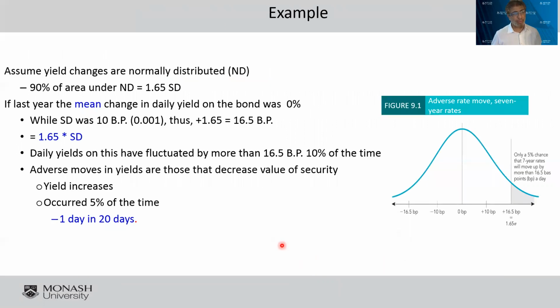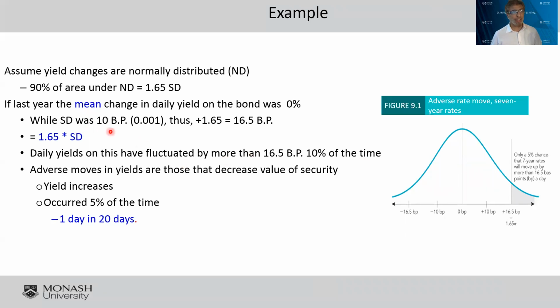Now come to our example. We are assuming 90% confidence, and if the last year's mean change in daily yield on the bond was 0, which means we expect 0, so we don't add it to this change. So this is 0, and this is the distribution of the yield.